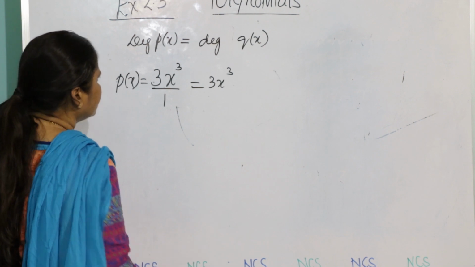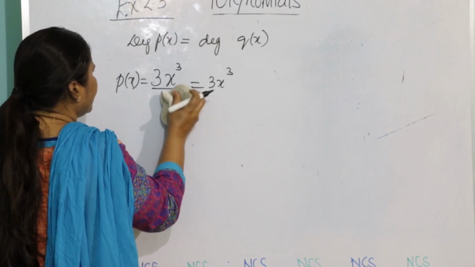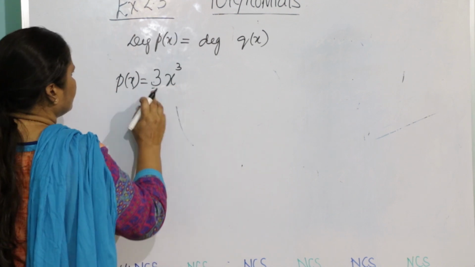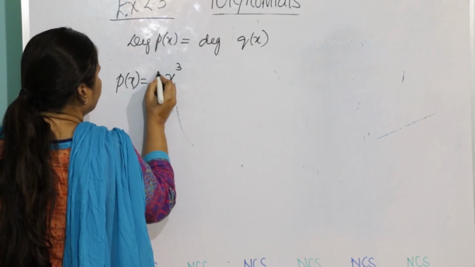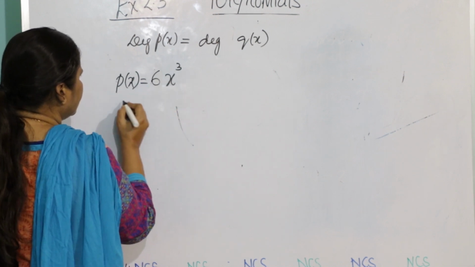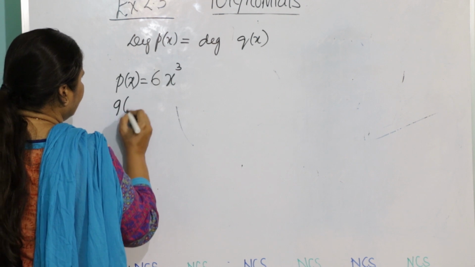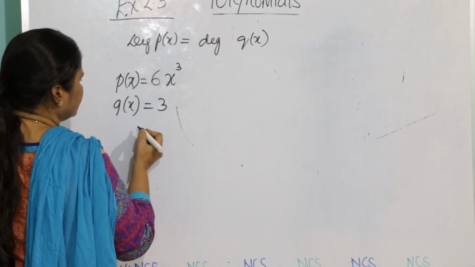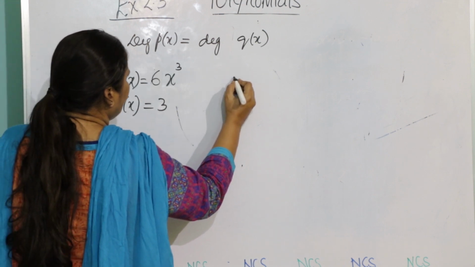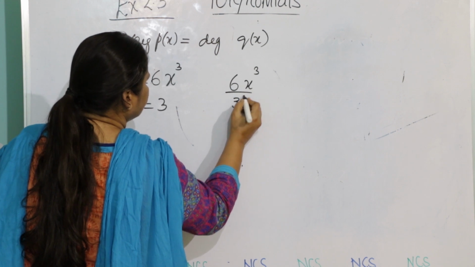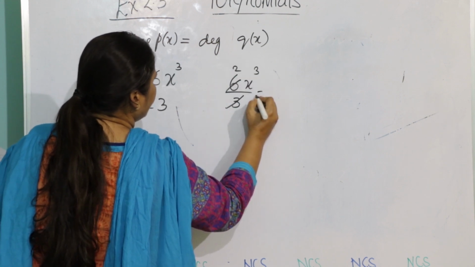So we can give like this now. Or if you want to take, let us say, 6x cube. Let us say our polynomial is 6x cube, and let our g of x be 3. So what happens now? 6x cube divided by 3 will give us 2x cube.